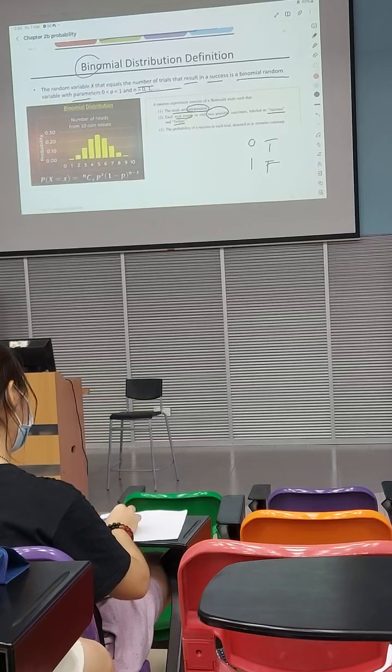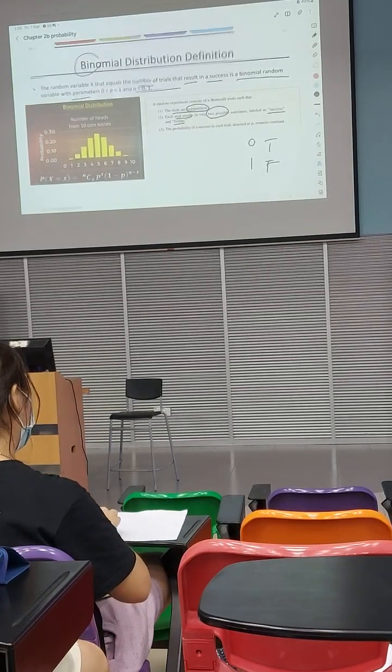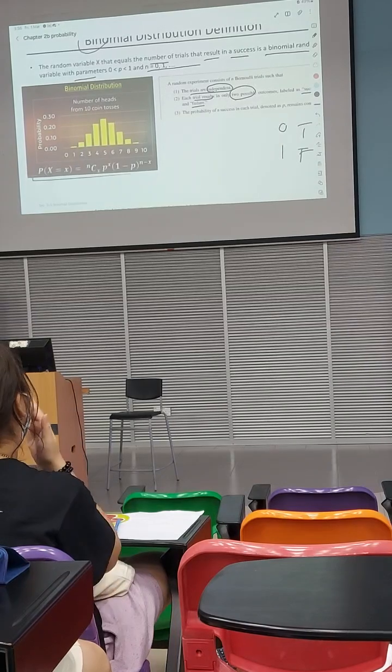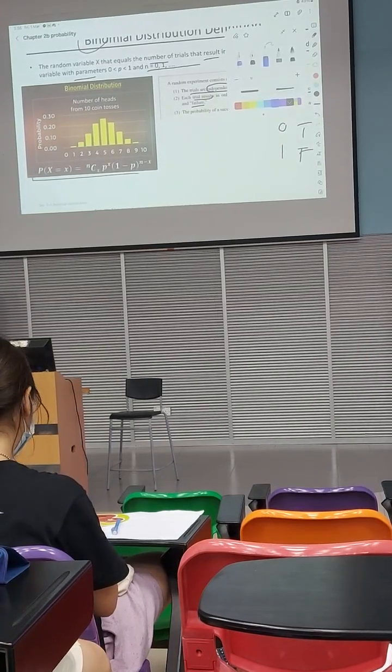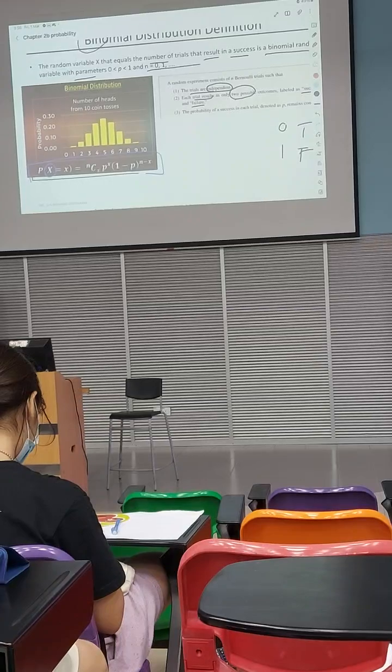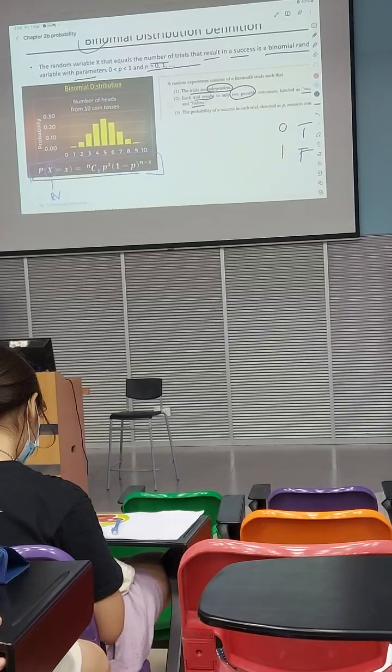So for the binomial distribution, we can use this formula. In this case, P of X equals x. What is the meaning of this? Capital letter X indicates the random variable, equal to small x.